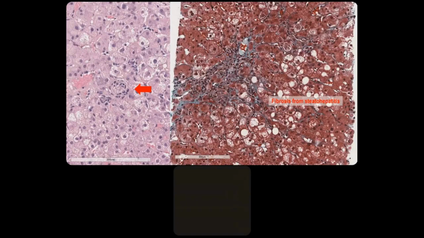The trichrome stain again showed this very characteristic chicken wire or pericellular pattern of fibrosis around these balloon hepatocytes, which is often associated with lobular inflammation. And although not specific in isolation, neutrophils surrounding balloon hepatocytes, which is sometimes referred to as neutrophil satellitosis, is more commonly described in the context of alcohol compared to NASH.